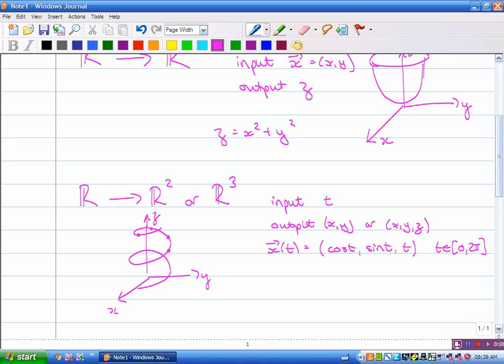Every point in space has an x, y, z coordinate, so there are essentially three unknowns to solve for. But if it's a point on a parametric surface or parametric curve, there's only one thing you're going to solve for: the parameter that defines that point. That single parameter will give you your x, y and z.